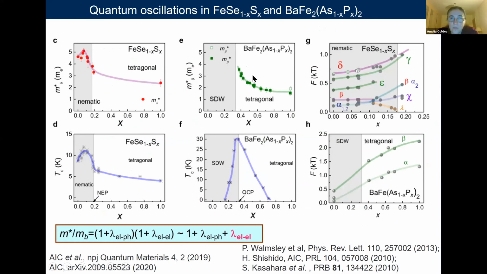So I think the first question was about quantum oscillations, and whether the tuning parameter plays a role. I think we have to think about what quantum oscillation measures. Actually, we measure areas, cross-section areas.